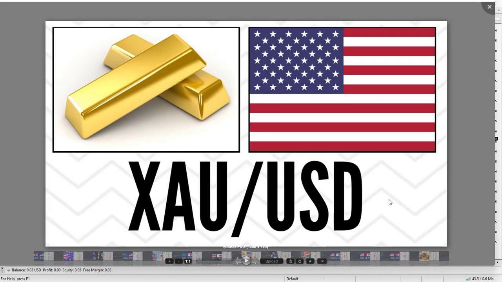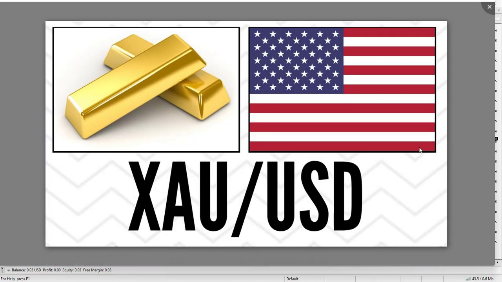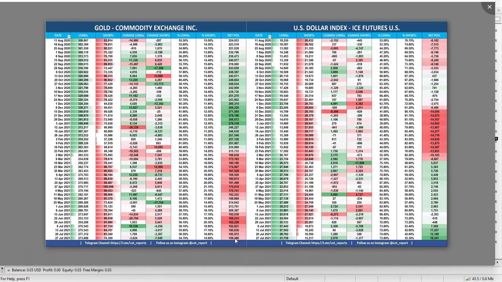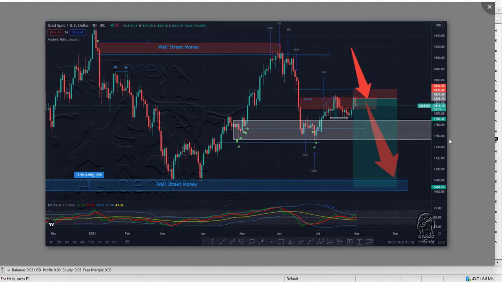Going forth with gold, the gold, guys, is bearish, as you can see, and also the net positions are growing from 195k to 199k. And look at the longs, and also here, remember we are still having a bullish dollar index, and then this is what I'll be looking for.